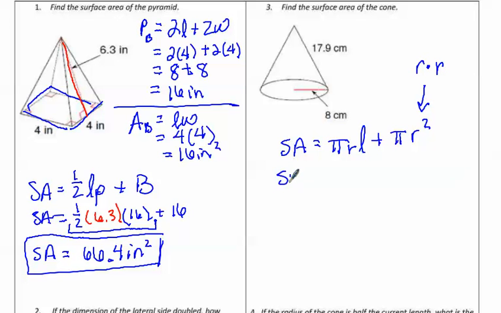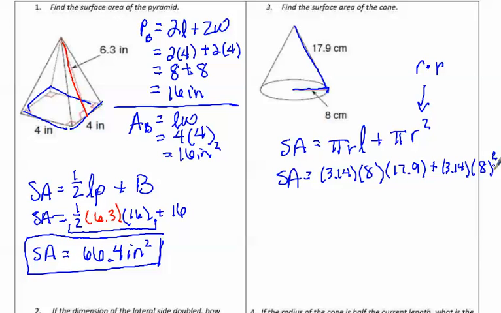So for surface area, I'm going to say 3.14 times a radius of 8, a lateral side of 17.9, plus 3.14 times radius, which is 8, squared.